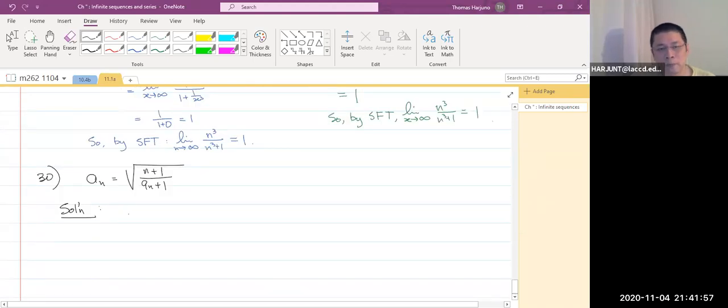So the limit as n goes to infinity of the square root of n plus 1 over 9n plus 1 equals the square root of the limit.